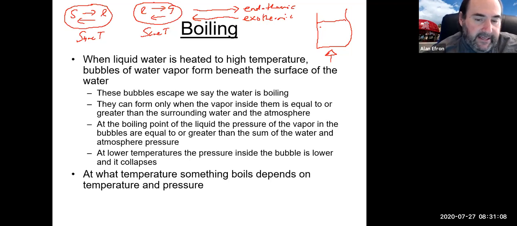Probably if you ever noticed, as soon as you hit it with the flame, you'll see all these little quote unquote bubbles that form super fast. And you go, well, it's not really boiling. Obviously, if you touch the water, it's still super cold. It's not hot. What that is, obviously, is not the water or the liquid bubbling. What you just did there is basically expel a lot of the CO2 molecules out, and they're less soluble in a hotter solution.